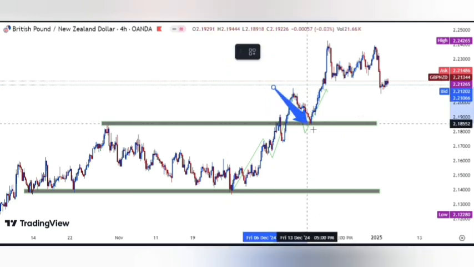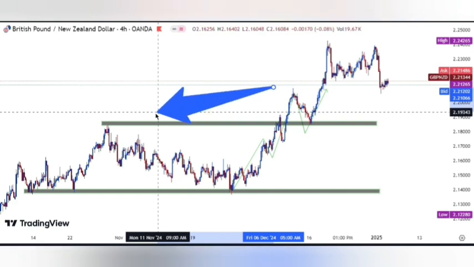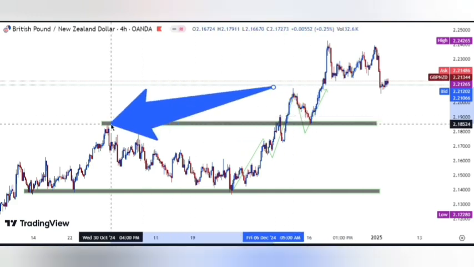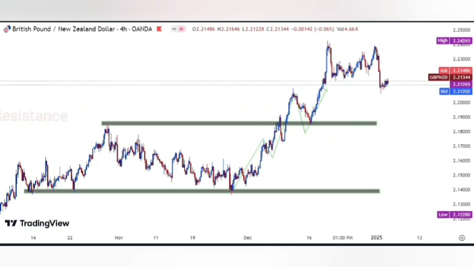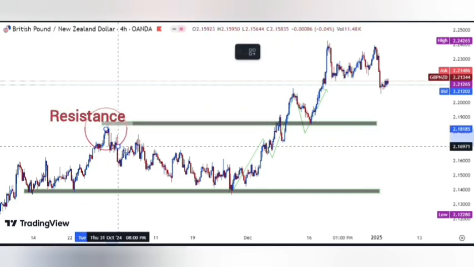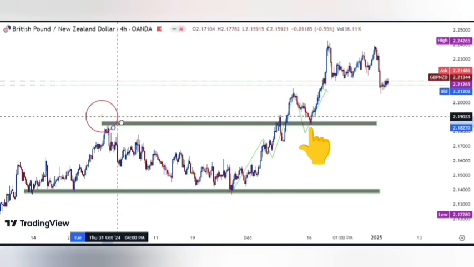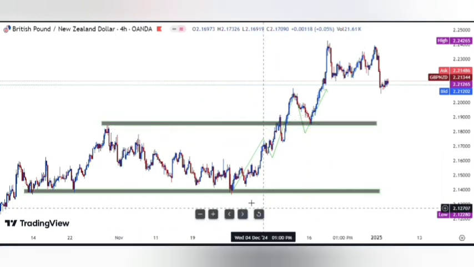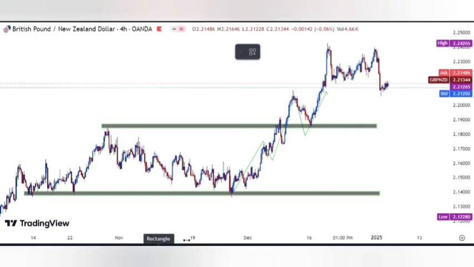So this is a pivot area, okay, where there is both resistance here and then support here at the retest, or an area of resistance that becomes an area of support. So this is also a very important level. And also there is this that we see right here.